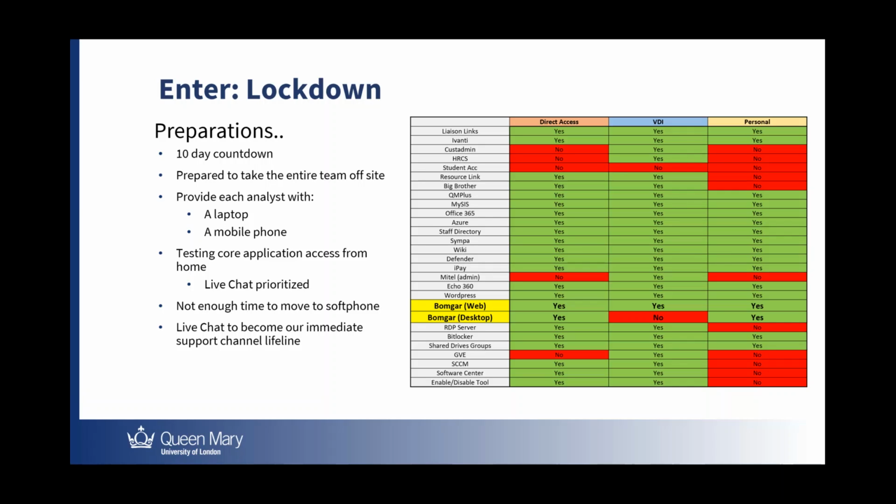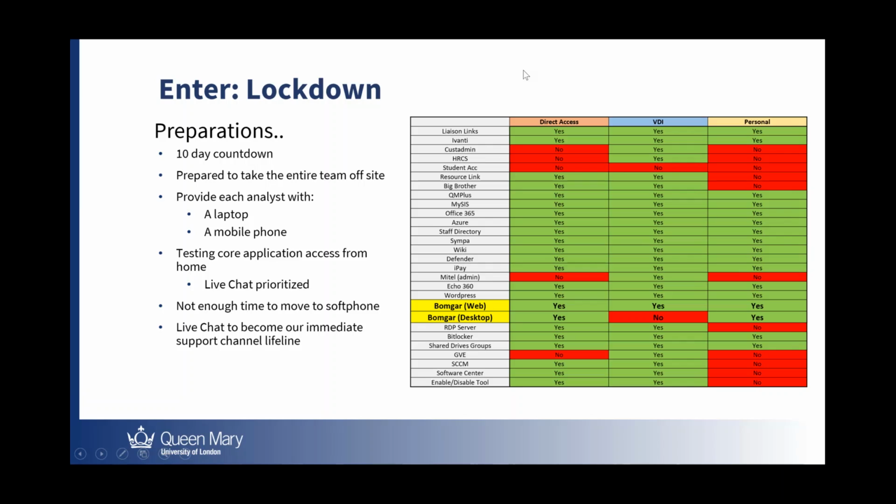As you can see in the picture there, in those 10 days, we deployed a few people on the service desk to test the key applications that the service desk needed to use when off site through 3 different methods. Direct access, which we are still currently using, so that's if you have one of what we call our managed laptops.